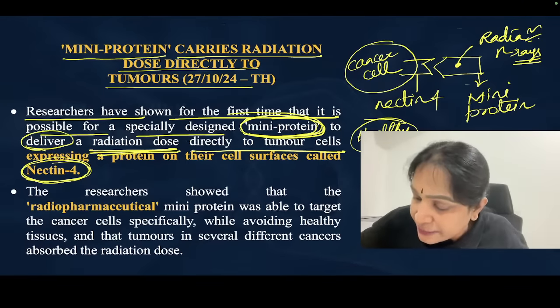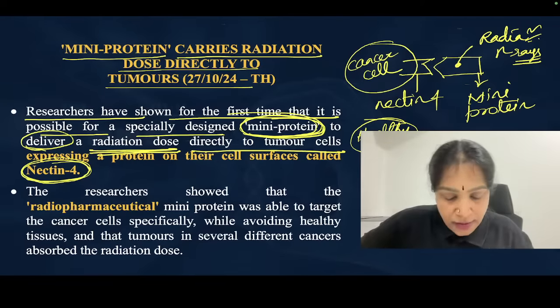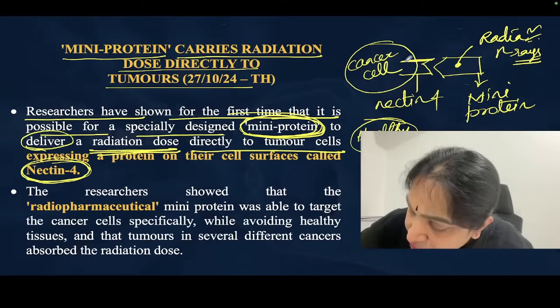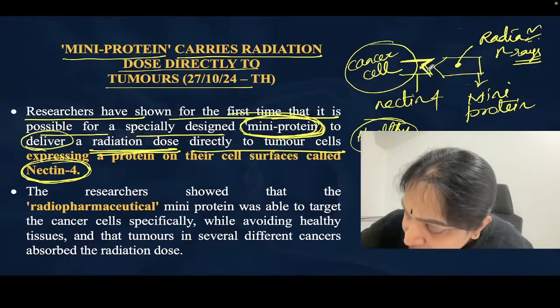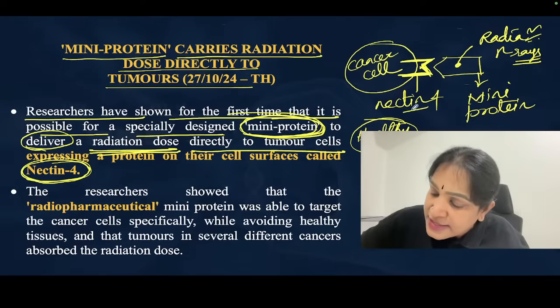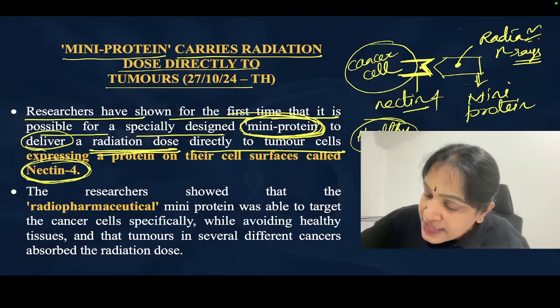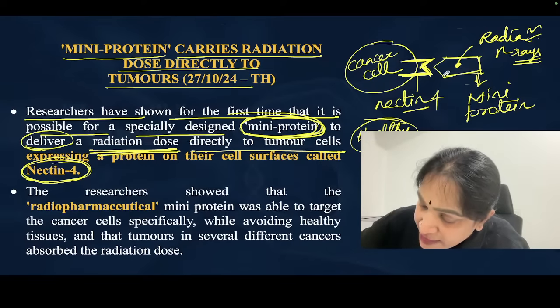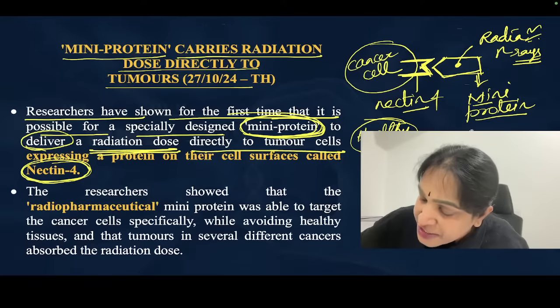Please observe it. This is nectin 4. Look at here. This is nectin 4. It is there on the cancer cell. This is the mini protein which we are sending.